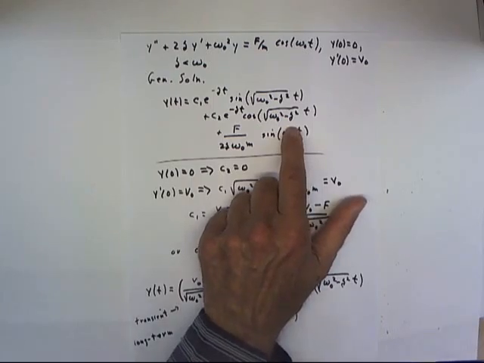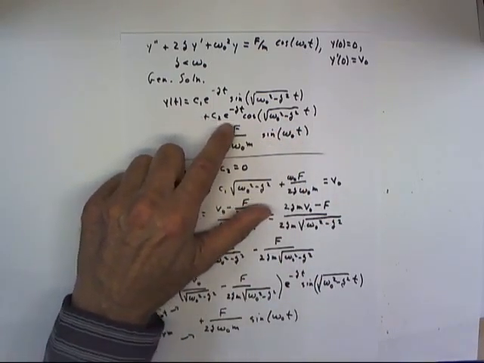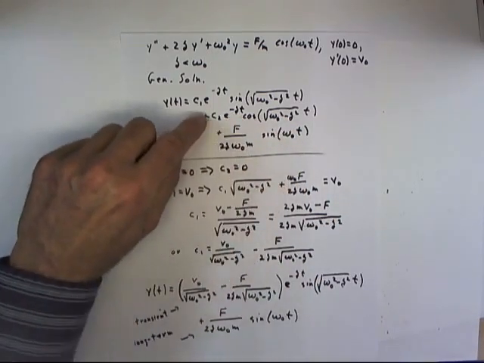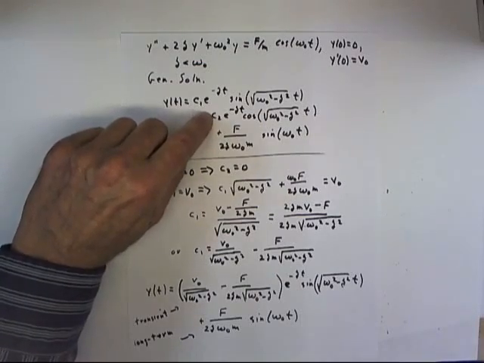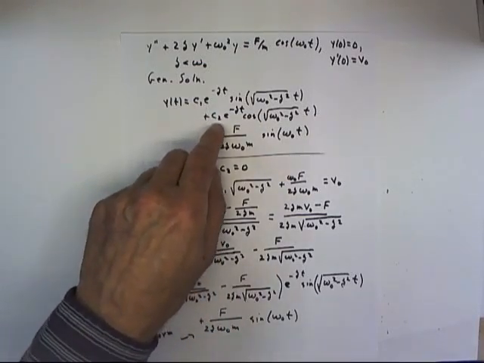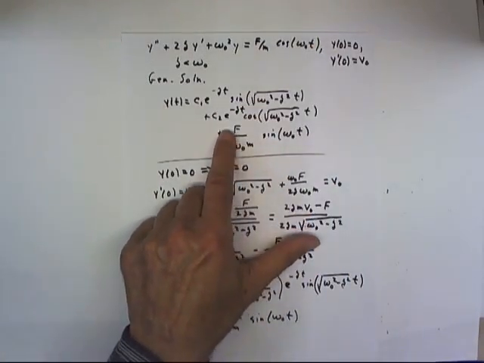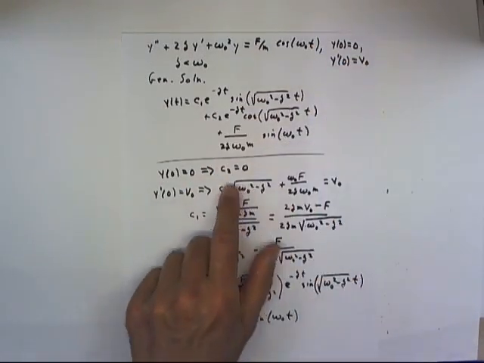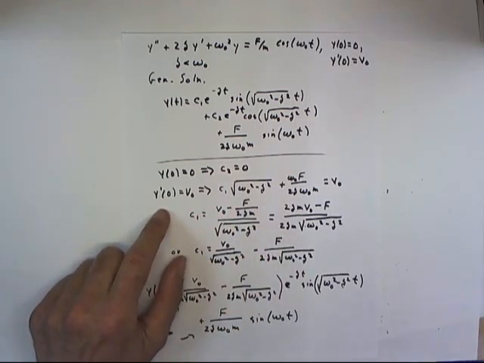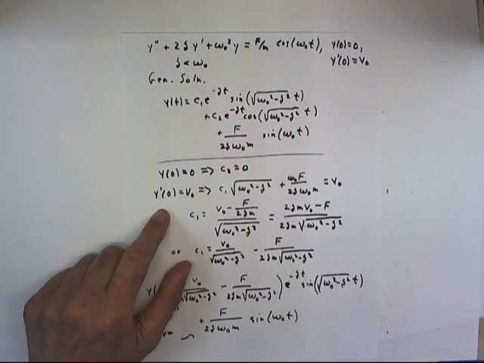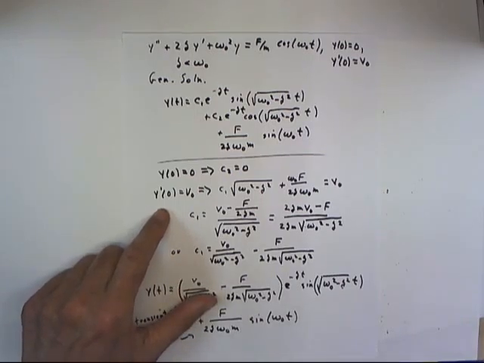So the cosine of 0 is 1, and e to the 0 is 1, so we're just left with C2. And that's got to be equal to y of 0. So y of 0 is C2, y of 0 is 0, C2 is 0. You probably didn't really need me to explain all that. You could have done that yourself, I'm sure.